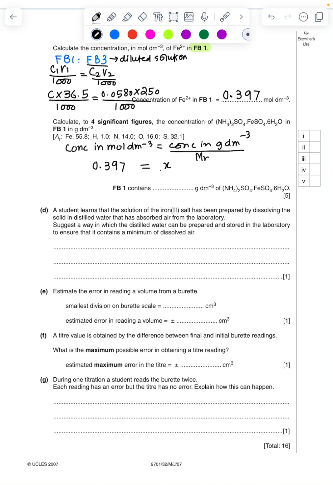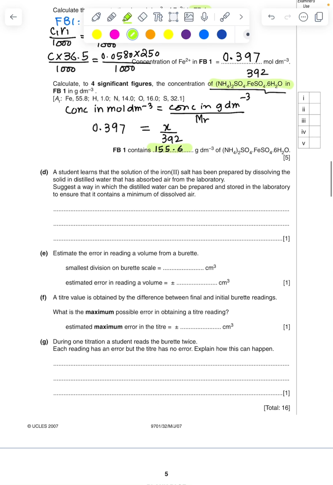So this is basically the unknown, and the Mr of the entire compound turns out to be, after calculations, 392. So I can multiply 0.397 with 392, which gives me an answer of 155.6 grams per dm cube, which shows that this is actually the concentration in gram per dm cube.